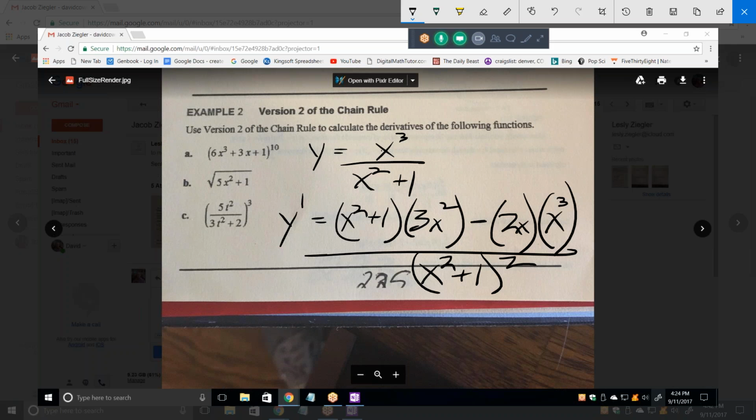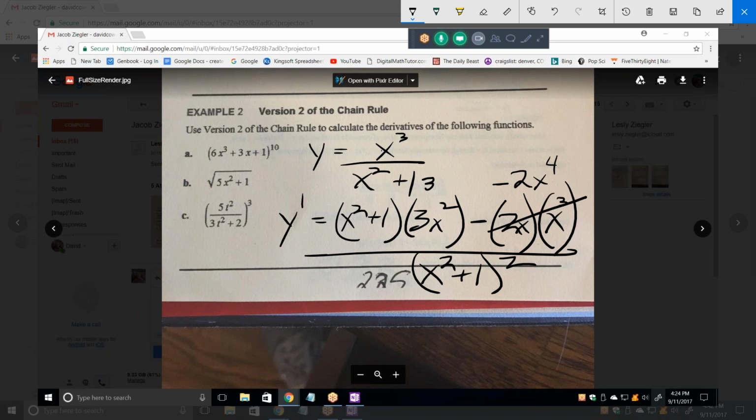Now, when you use the quotient rule, a lot of times there is some very sophisticated algebra to be done. In other words, I can definitely combine those two terms, so that becomes minus 2x to the fourth. And I can combine these two terms, and notice what that turns into.